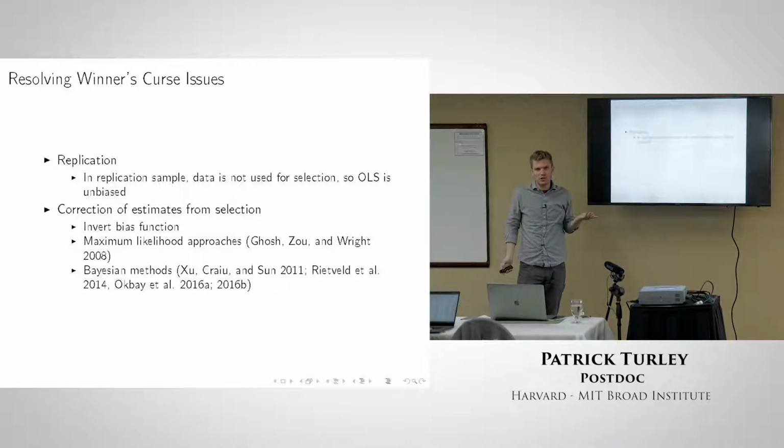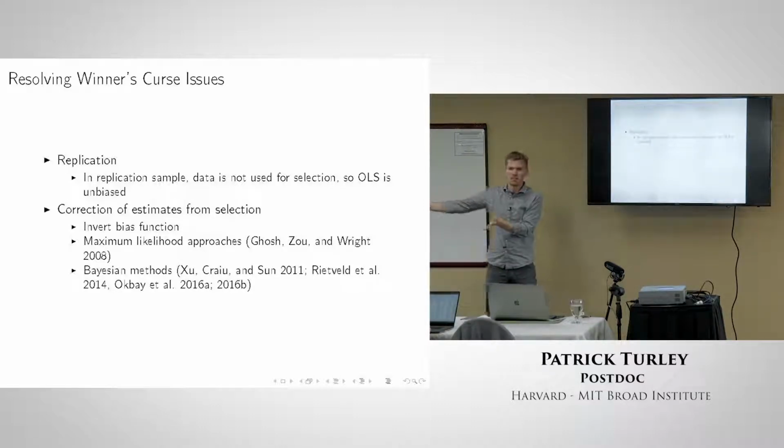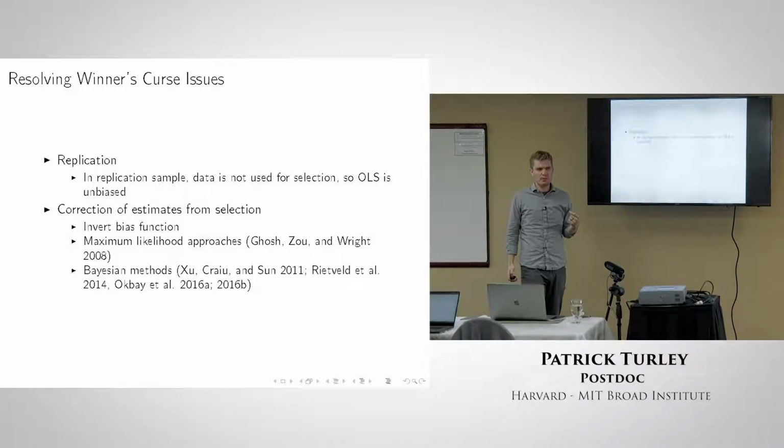Replication is a way that we could solve winner's curse problems. It's a bit expensive because you have to set aside replication data, so we may or may not want to do that. We may or may not be able to do that if we don't have access to the individual level data. But this is a pretty clean way to deal with winner's curse problems.